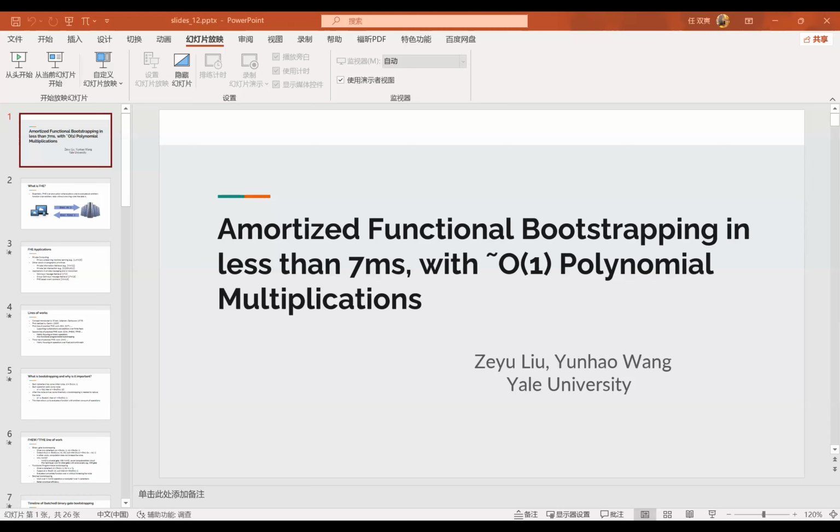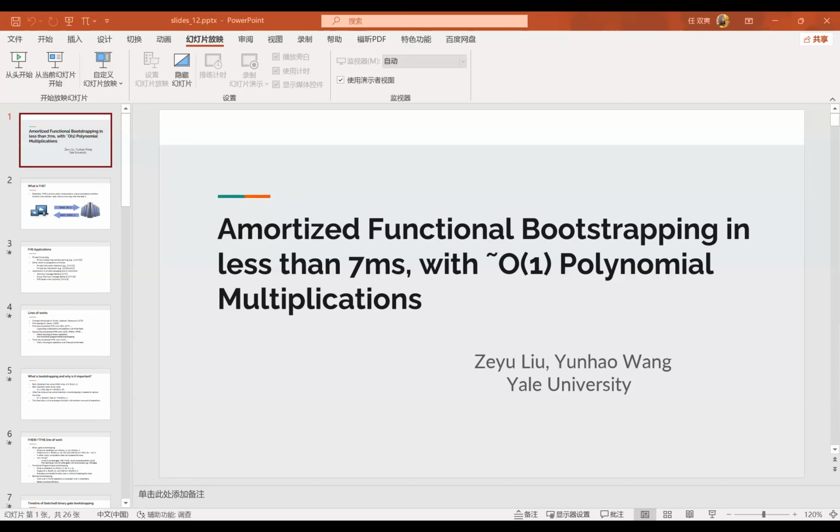The main takeaway is that BFV essentially has almost the same format as an LWE ciphertext, except you just replace the underlying Z_T or Z_Q with the ring R_T, with the ring R_Q. So this will be used in our work to achieve batching.